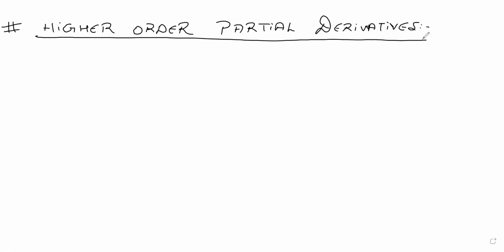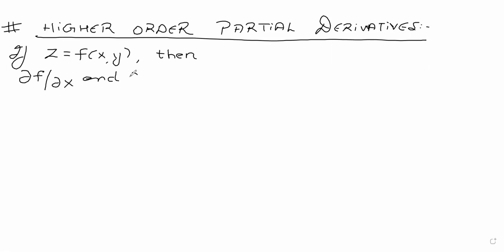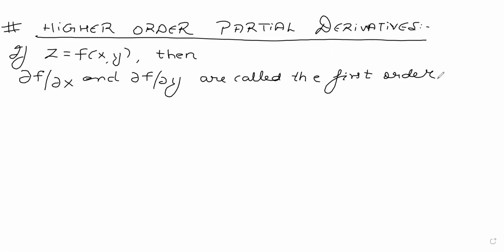So if z is a function of x and y, then del f by del x and del f by del y are called the first order partial derivatives.